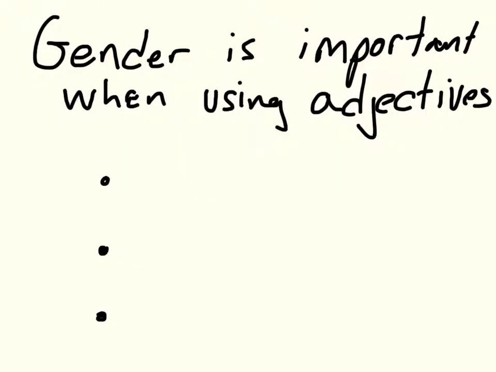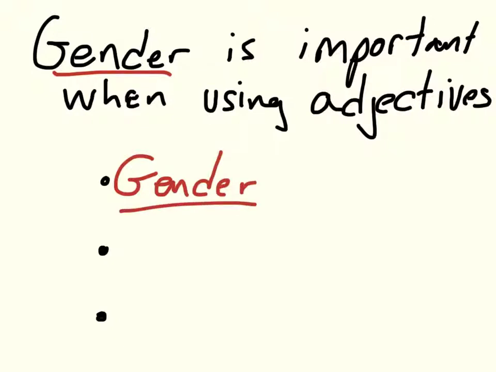So to do a little bit of adjective review, because that's really one of the major reasons why gender is important. The gender of a noun is important when we use adjectives. So the adjective must agree with the noun that it's modifying in 3 ways. And the first of those ways is gender. So the adjective needs to show the same gender as the noun.